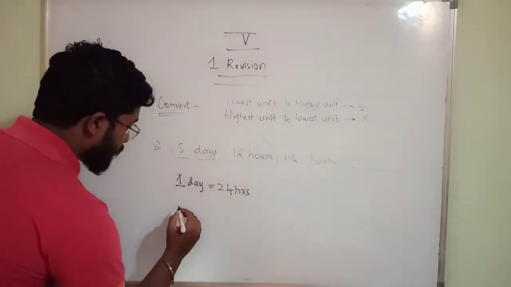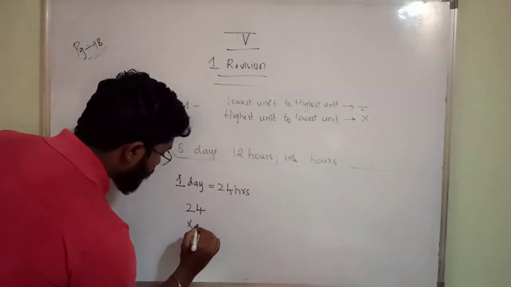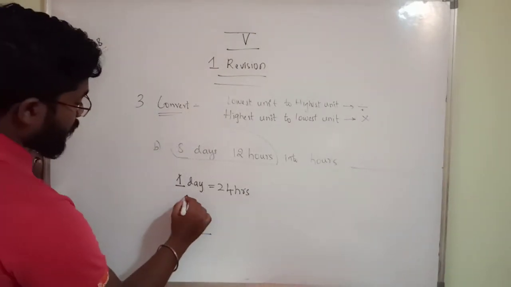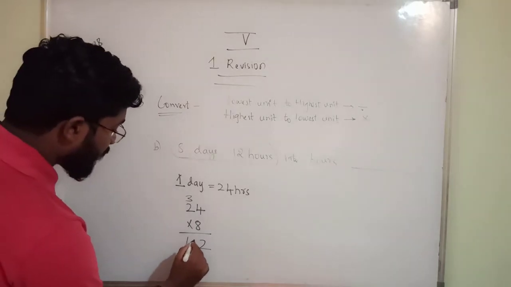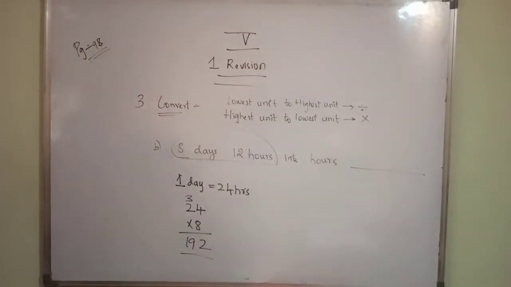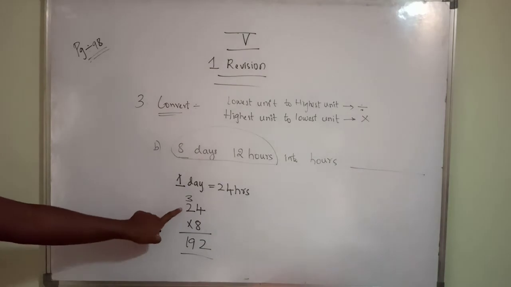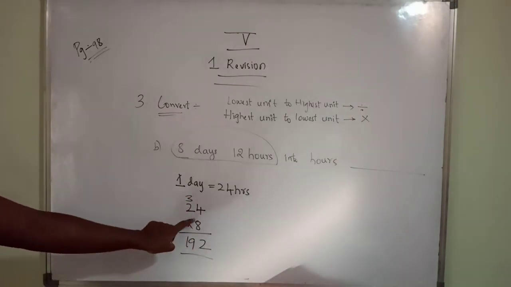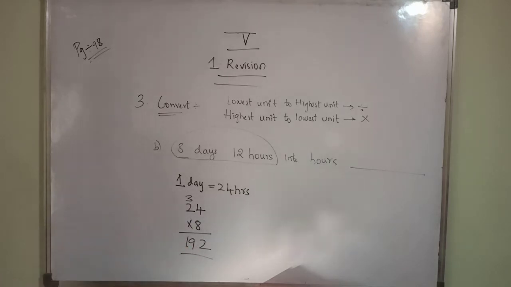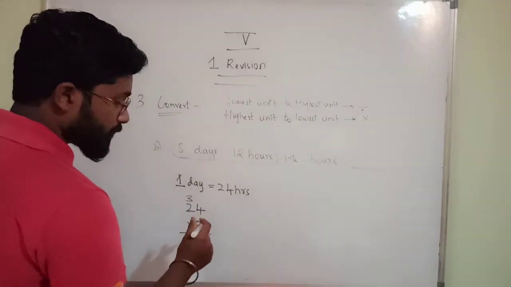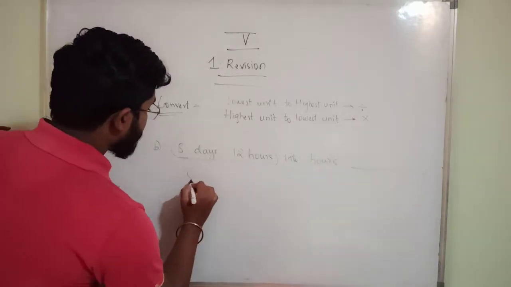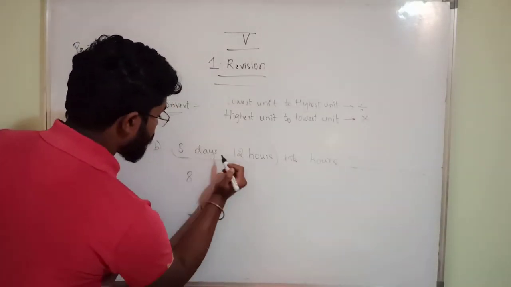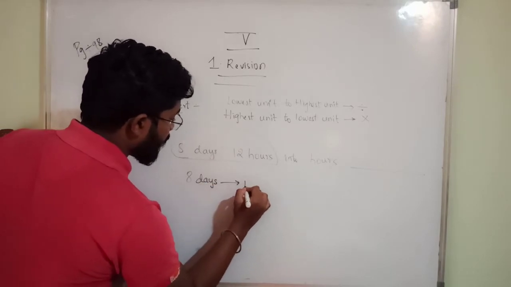So see, 24 into 8. 8 4s are 32. 8 2s are 16. 16 plus 3, 19. 192. 192 hours means 8 days means you got 192, that is in hours.